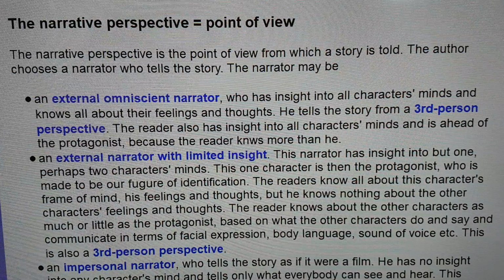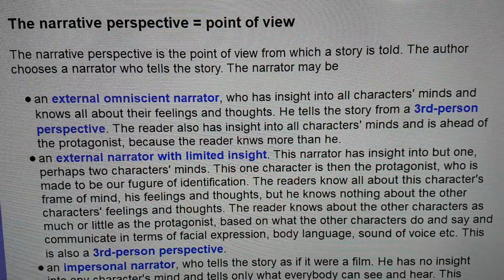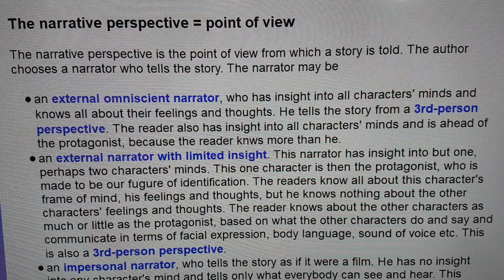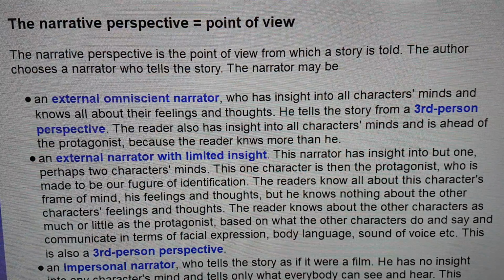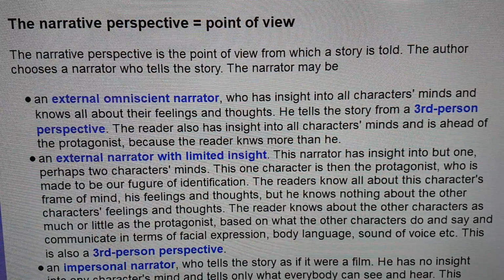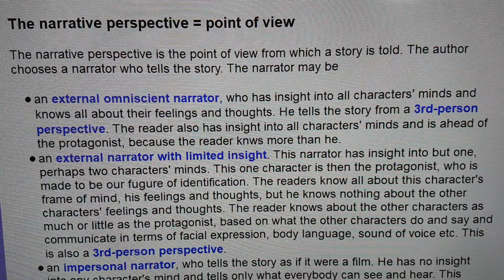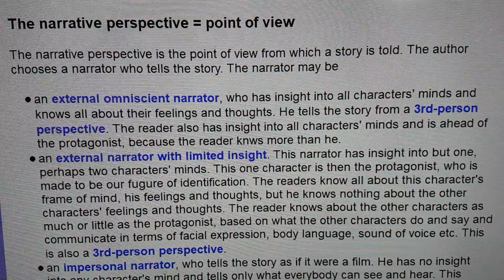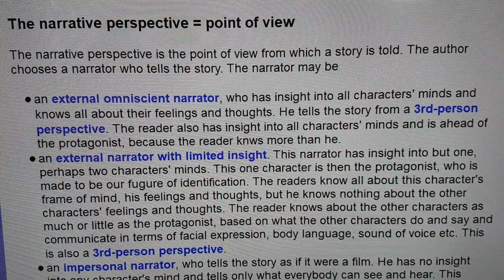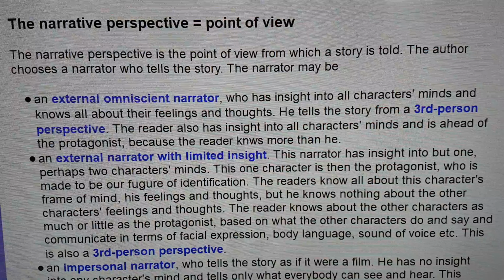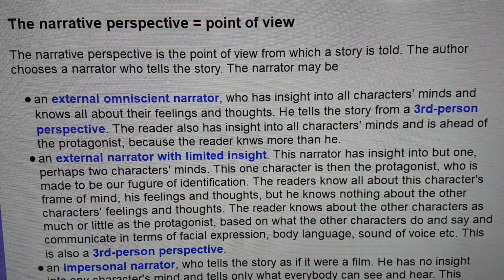Hi guys. Today we're going to be talking about narrative perspective or point of view. This is not grammar. This rather goes into the category of analysis and interpretation of literary texts.